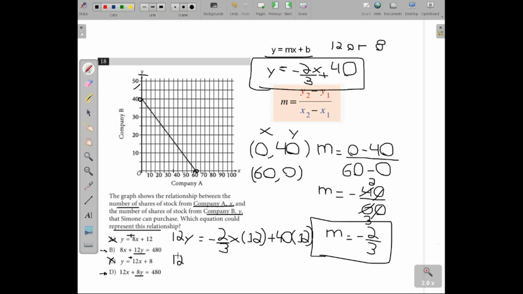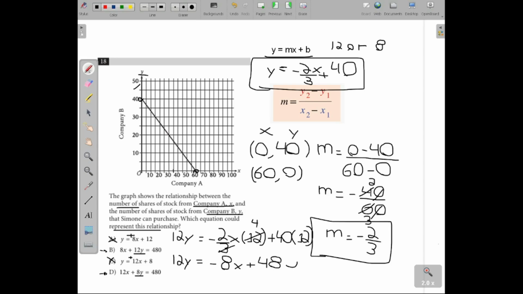Let's solve this equation. 12y is equal to, here, since this is a multiplication, we can divide 12 over 3, which is 4, because 3 times 4 is 12, so we have negative 8 times x plus 40 times 12, which is equal to 408.